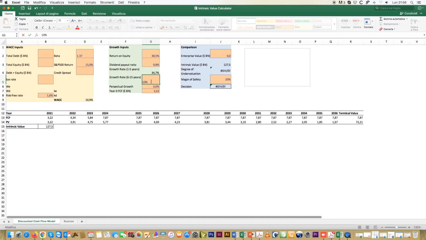So let's see what happens. Let's say that the perpetual growth is what we think that the company can continue to grow for years to come, even after the 15 years range, let's say 3% in order to stay a bit conservative.